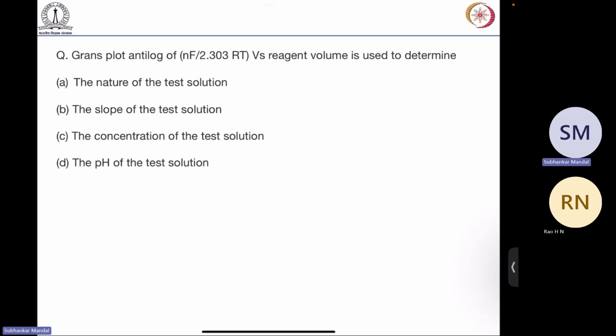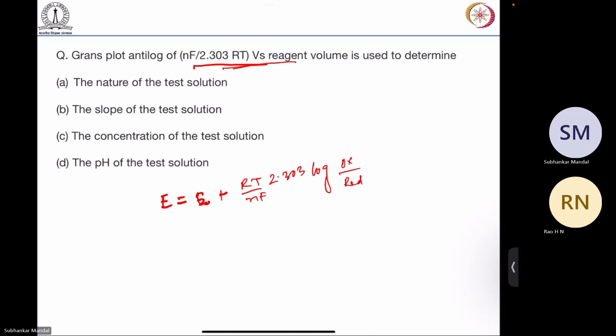Okay, so Gran's plot, antilog of nF by RT versus reagent volume. If you see these things, the Nernst equation we know: E is equal to E naught plus RT by nF, 2.303 log of oxidant by reductant. So Gran's plot means antilog of these things.